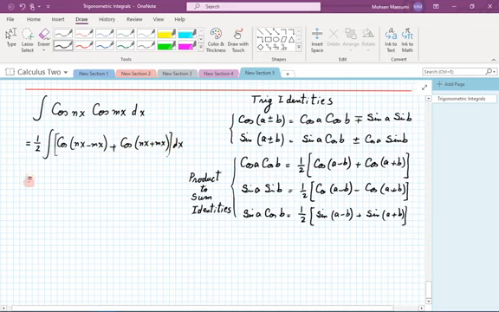Well, now I can factor out my x here, so I'll have 1/2 of the integral of cosine of (n minus m)x, and then here I'll have cosine of (n plus m)x. I have to put double parentheses here.